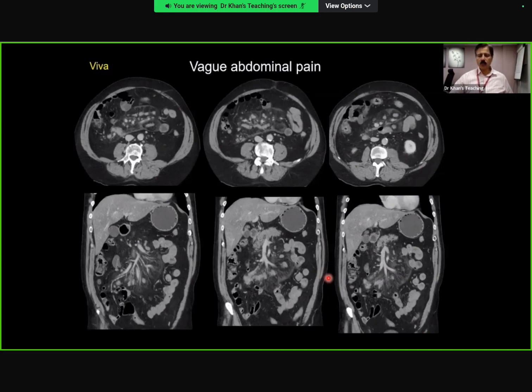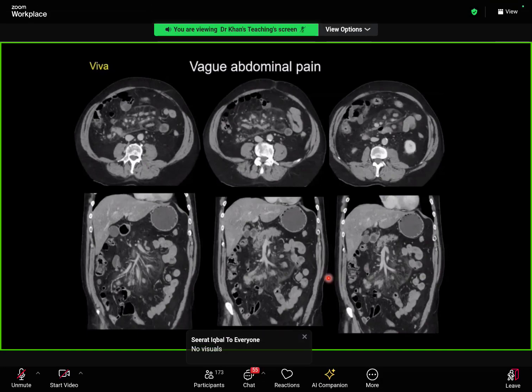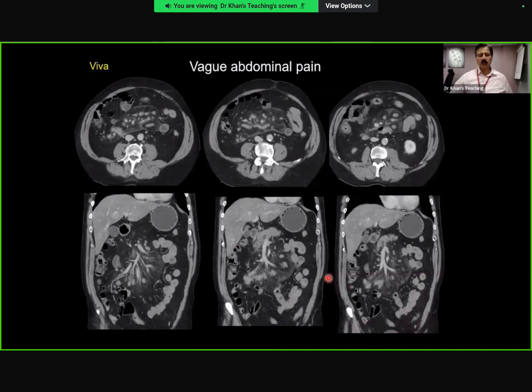They will ask you long cases from the same concept. Previously, our concept was that many of these things were unrelated to each other. Now we know there is a huge spectrum: retroperitoneal fibrosis, mesenteric panniculitis, autoimmune pancreatitis, sclerosing cholangitis.